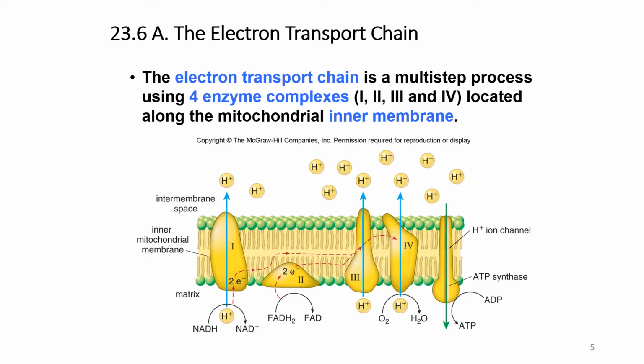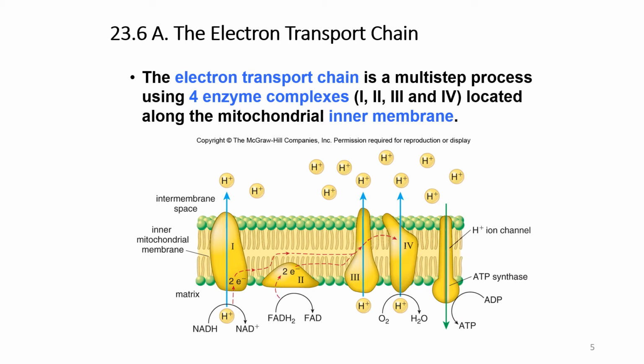You see that three of these complexes, 1, 3, and 4, and this is the ATP synthase, actually traverse the entire membrane. Complex 2 doesn't contribute to the proton gradient, but 1, 3, and 4 pump hydrogen ions across that inner membrane into the inner membrane space.